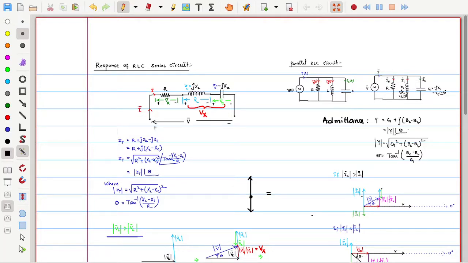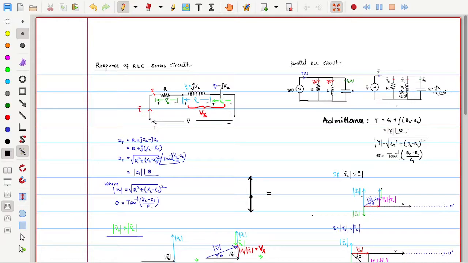So Y can be expressed as mod Y at an angle theta, where mod Y is the square root of G square plus (BC minus BL) whole square, whereas theta is tan inverse of imaginary part divided by real part.